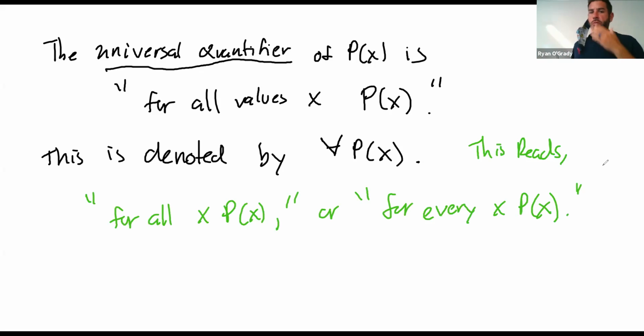When you see this upside down A in front of a statement, you read it as "for all x, P of x," whatever that statement is. You could also read it as "for every x."